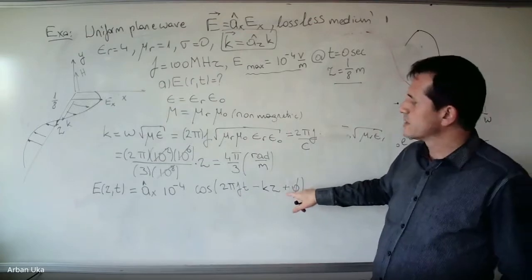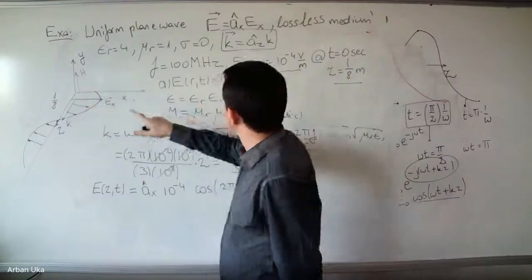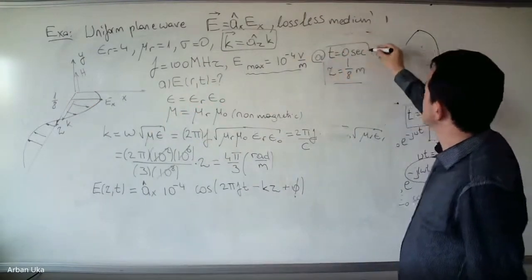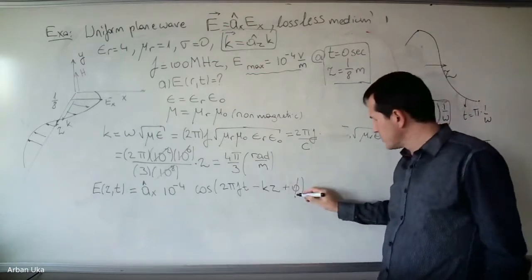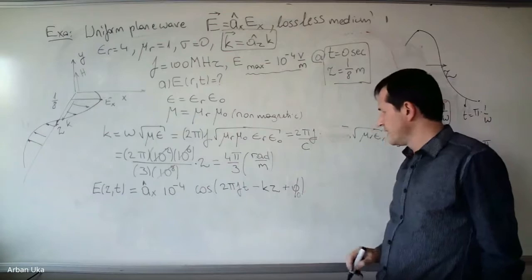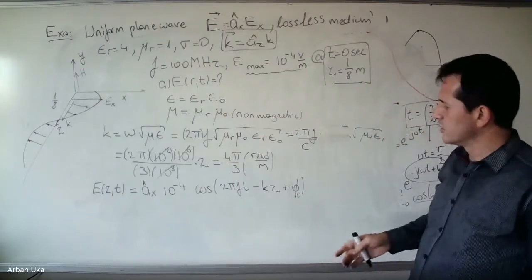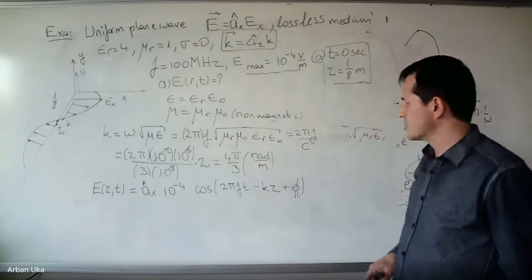But here we notice that the wave is not maximum at z equal to 0, it's maximum at z equal to 1/8, okay? For this reason, we may have a phase difference. Let's call this one phi 0. Phi 0 is just a constant which we add in order to adjust the initial conditions.